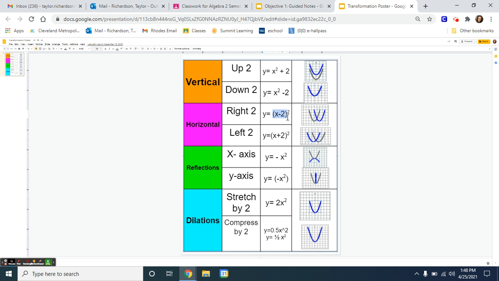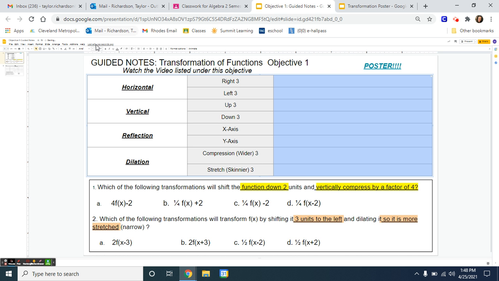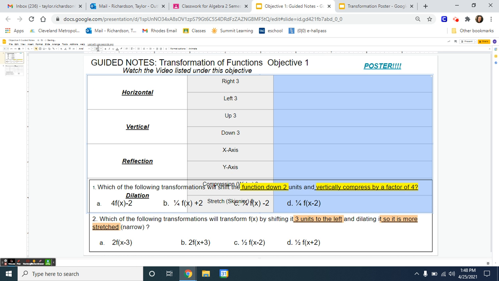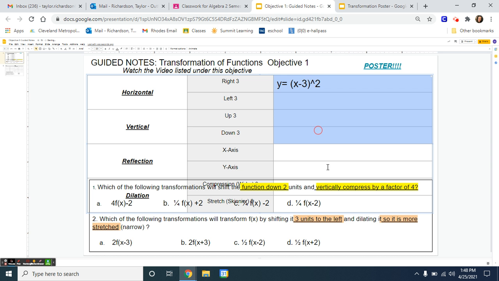It's parentheses x minus 2. So if we're going right 3, and let me make this font a little bigger so you can see it, it's going to be y equals parentheses x minus 3 squared. Instead of x minus 2, it's going to be x minus 3.